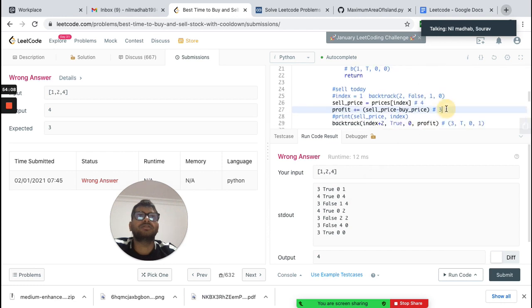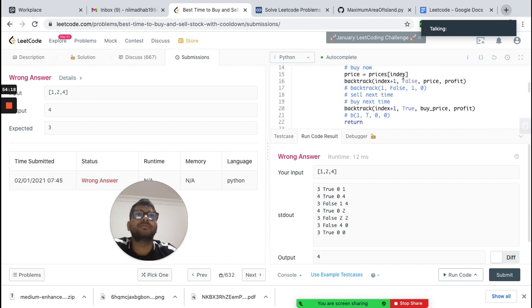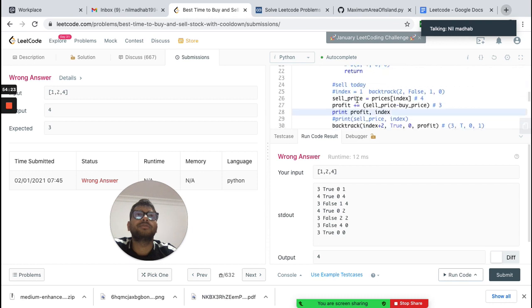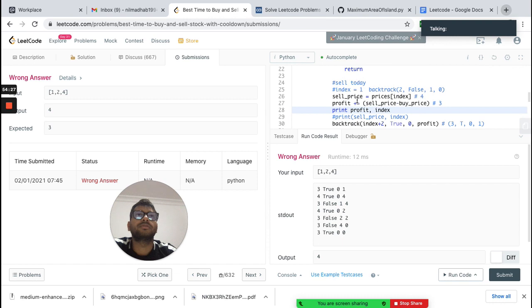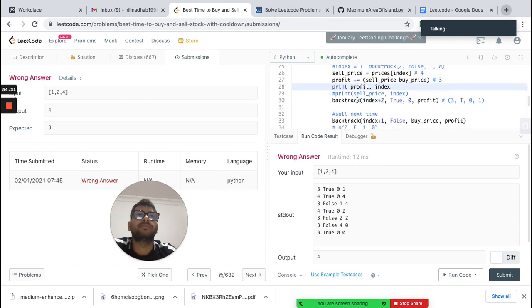So let's just print profit and index. Oh, I think we are setting the profit here, right?